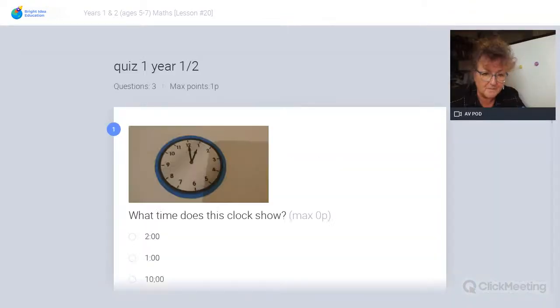Okay, so I'm just going to load up a quiz for us to do today. We need to get the correct quiz. Quiz 1, years 1 and 2. If you haven't done the quiz before, sometimes the little picture of me at the top is in the way of the grey vertical line that you need to be able to slide down. So just have a look at the quiz.